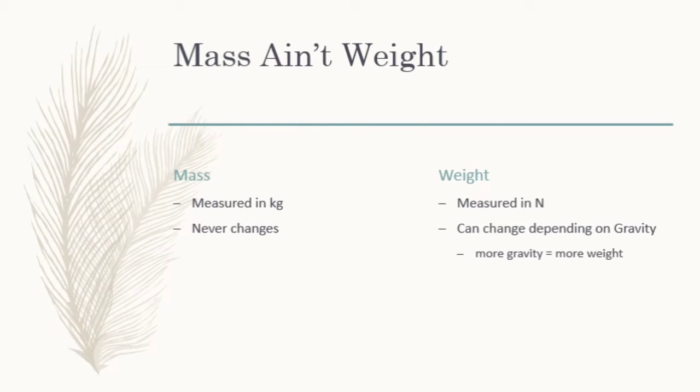Weight is in newtons. Mass is how much substance you're made out of, versus weight is how much force you have going down because of your mass. So weight can change depending on gravity. More gravity means more weight if you have the same mass.